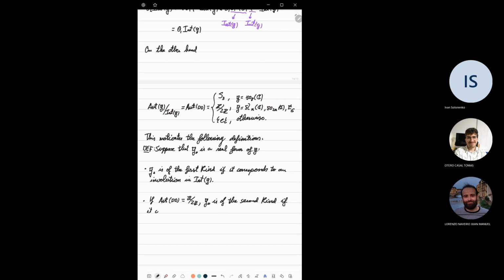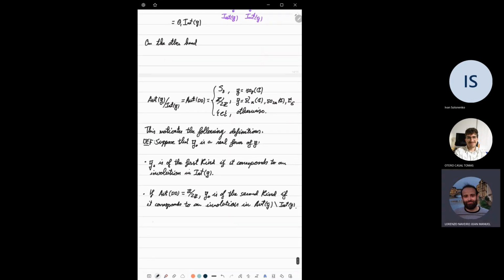So G0 is of the second kind if it corresponds to an involution in the outer part. And more generally, if we have two real forms, we will say that they are of the same kind if they belong in the same coset of the inner automorphism group.